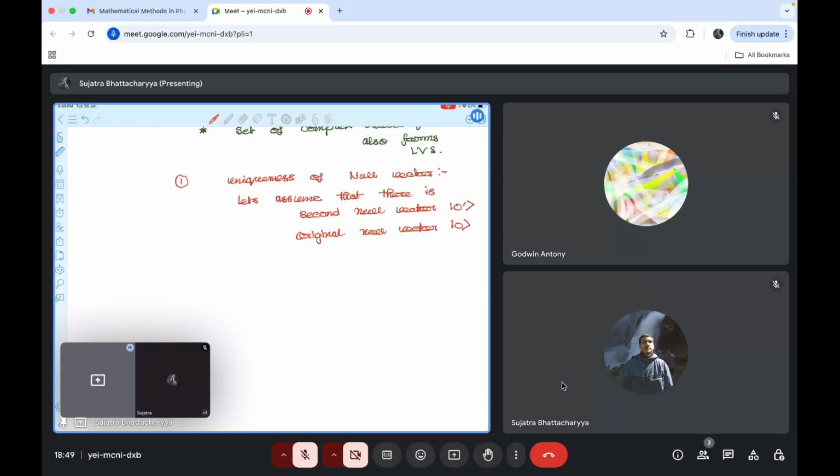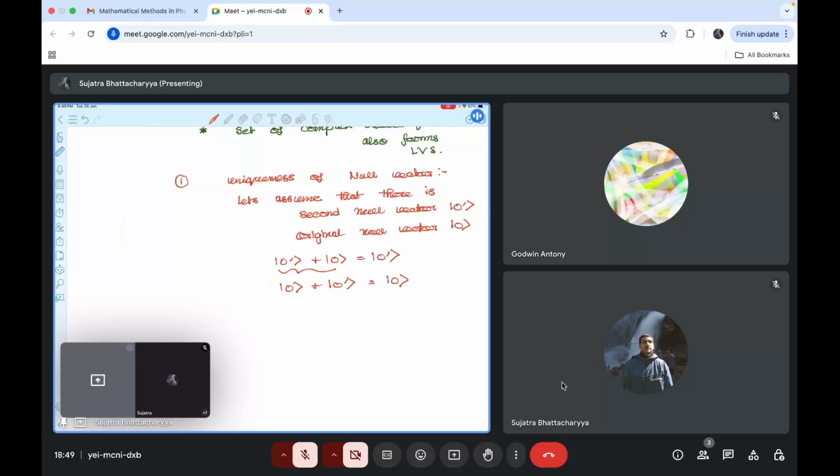Just use the commutative nature of the addition of two vectors. So 0 dash plus 0, consider this as a vector, right? 0 dash plus 0 will give you what? 0 dash. And this thing can also be written as 0 plus 0 dash, the commutative nature.